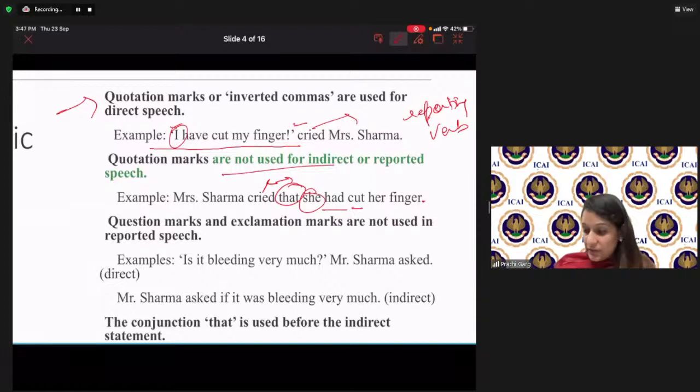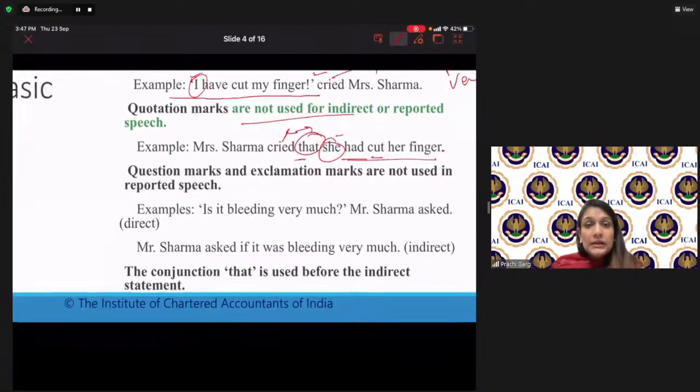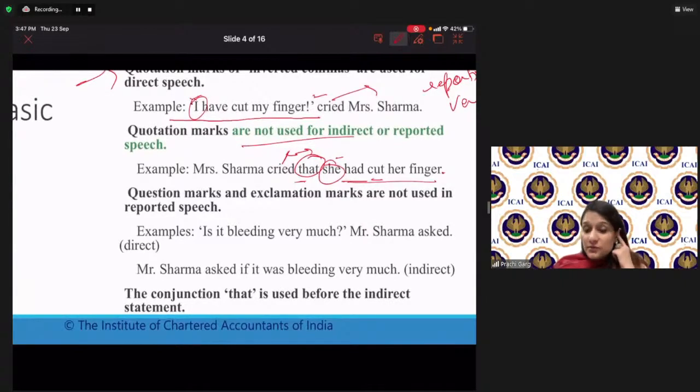And see, we have changed I to she, and the tense has been changed from present perfect to past perfect, and then we are good to go. Clear? Yes. Exclamation marks and quotation marks are not used in reported speech because you're saying them in your own words. Clear? Yes.